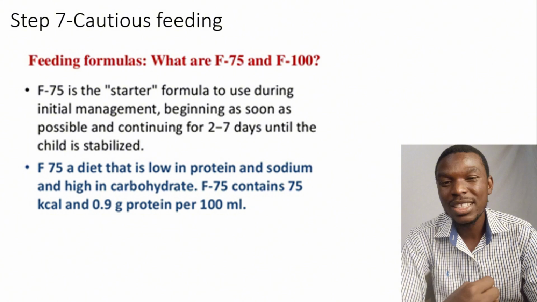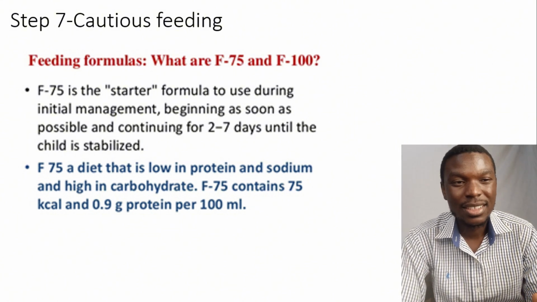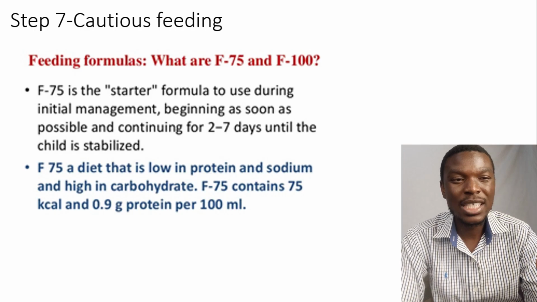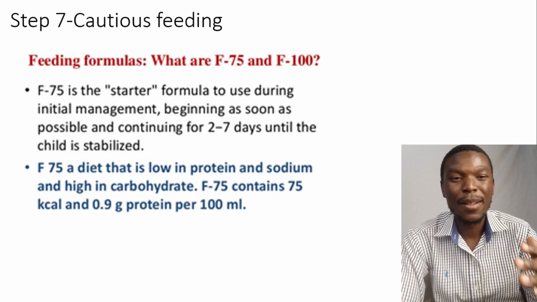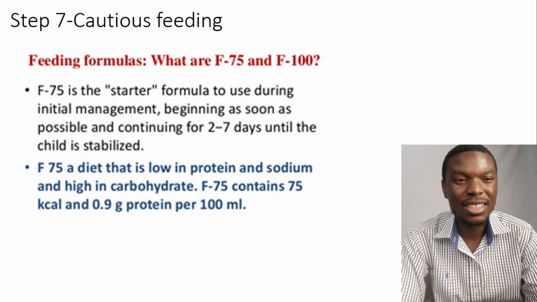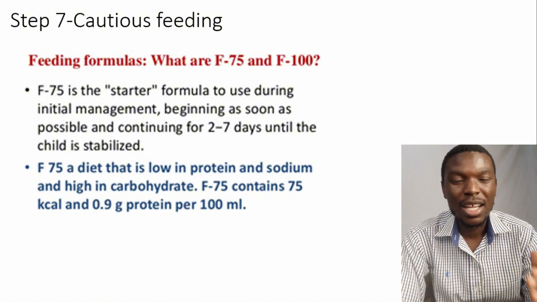This is why we are controlling this hypoglycemia in the first 7 days. No wonder we have this feed, which is high in carbohydrates, to supplement that deficiency in energy. This F75 has 75 kilocalories and 0.9 grams of protein per 100 ml.